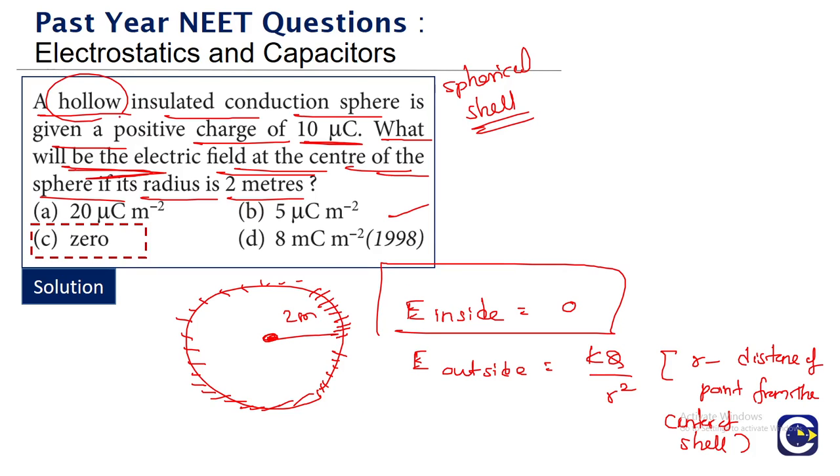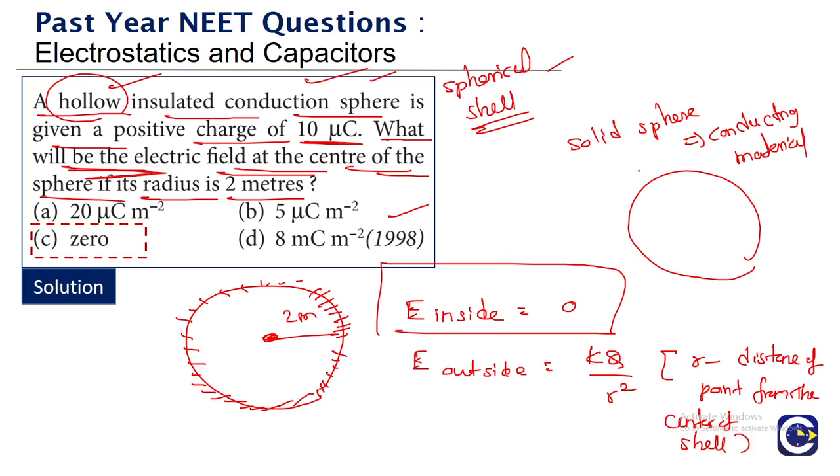The wording here is a little bit confusing. When they say hollow, it means it is a spherical shell. That itself is sufficient; we don't need to bother about the conducting sphere. Even if it is a solid sphere made up of conducting material, the charge on any conductor will reside only on the outer surface.